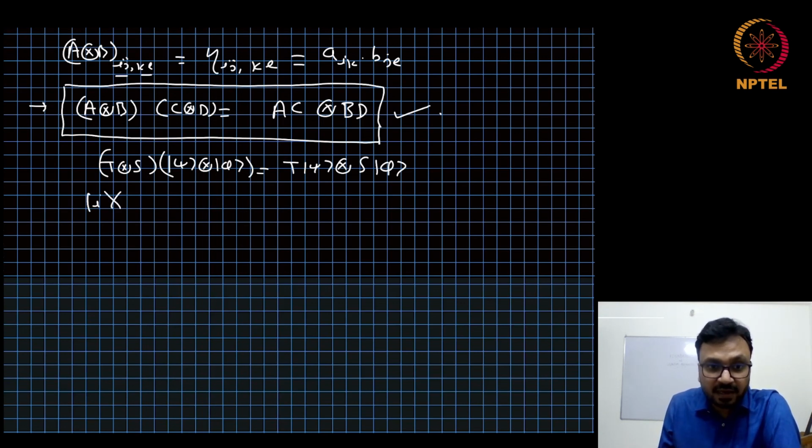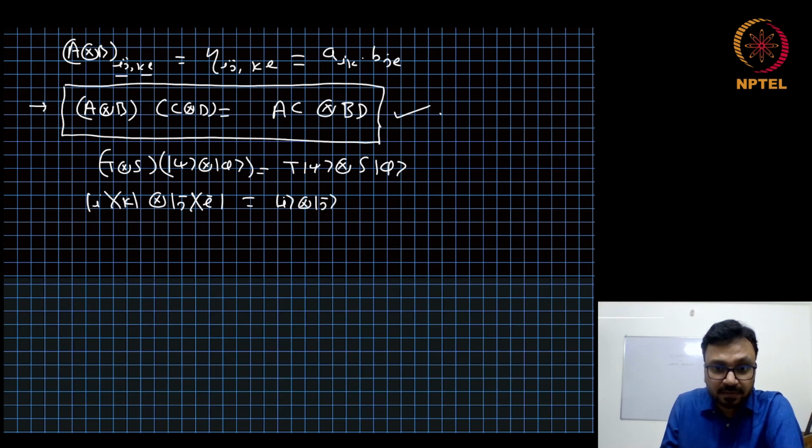Further, when we said |i⟩ tensor |j⟩ times ⟨k| tensor ⟨l| is equal to |i⟩⟨k| tensor |j⟩⟨l|, we have used this rule but in reverse.